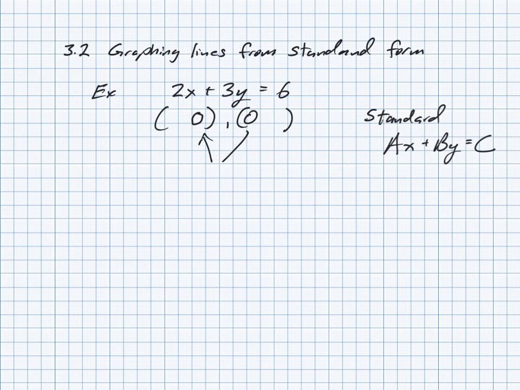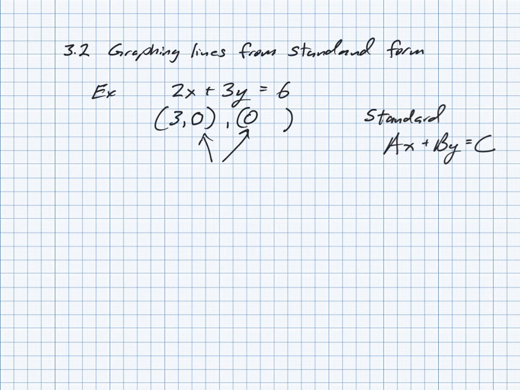That's what I'm referring to as the cross-eye method, putting the 0 in for the y and the x. If I put a 0 in for the y value, then the 3 times y becomes 0, and I'm just left with 2x equals 6. So what does that mean? To solve for x, I divide both sides by 2, and I get x equals 3.